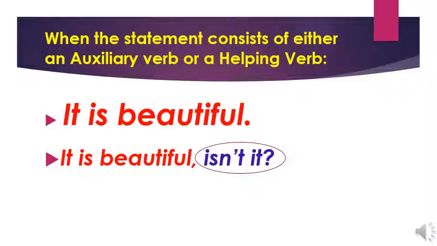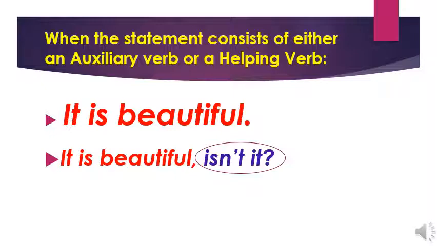Wait, we are not going to write the complete form of not, like N-O-T. We are going to take only the shortened form, n apostrophe t: "isn't." And you need to take a personal pronoun over here. This is "isn't it."